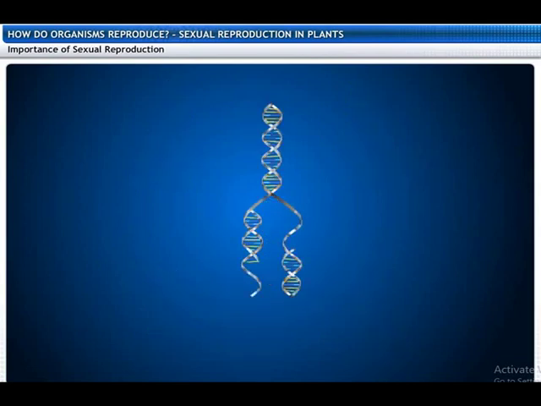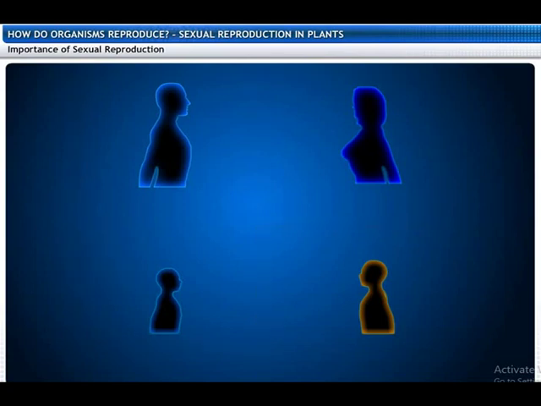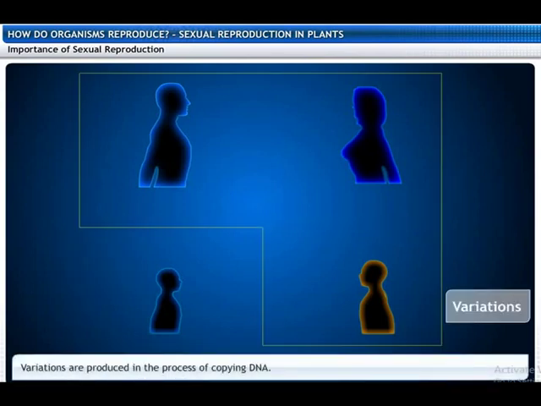A basic event in reproduction is the creation of a DNA copy. Cells use chemical reactions to build copies of their DNA. Oh, I guess that's why children resemble their parents. Correct.